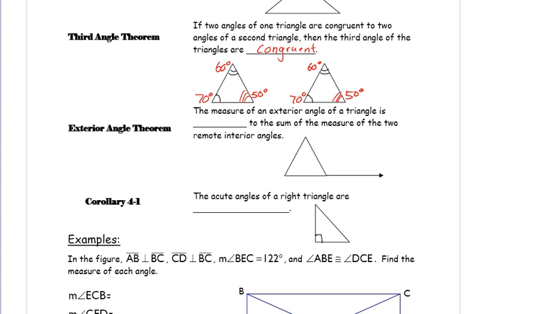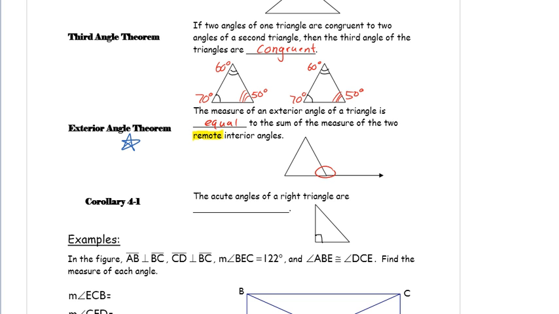Exterior angle theorem. For whatever reason, people do struggle with this one. I'm not sure why, but it does happen. The measure of an exterior angle of a triangle is congruent, or we're going to say actually equal. I want to say equal here. Equal to the sum of the measure of the two remote, keyword here is remote, interior angles. So what that means is you have a linear pair right here.